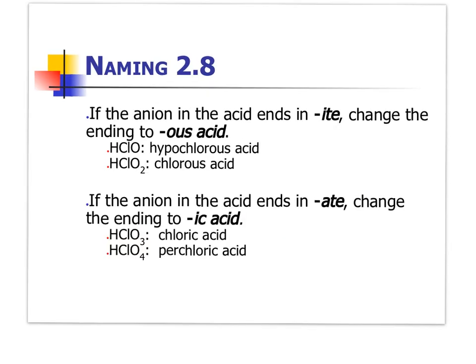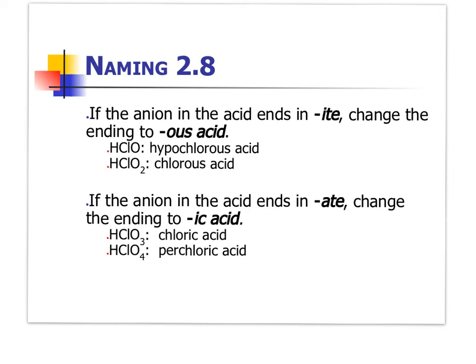Now, if the anion ends in ITE, a lot of times that's going to mean it's a polyatomic ion. You change the ending to OUS. Some of these tend to get really weird on how they sound, so it's important that we make sure that works out right. You still keep the prefix, such as hypo, not to be confused with hydro.